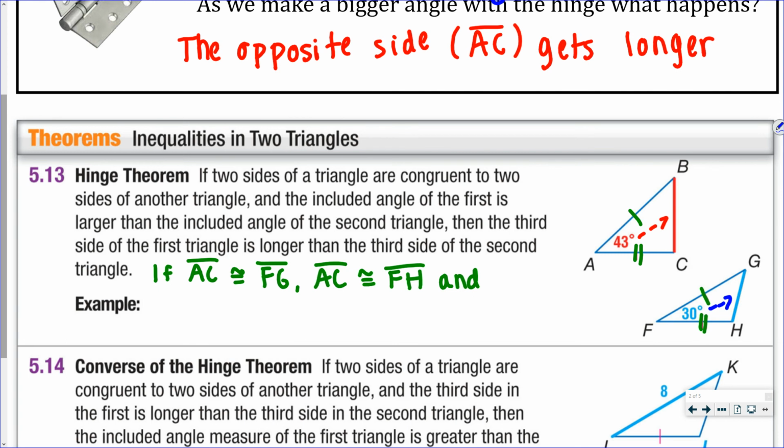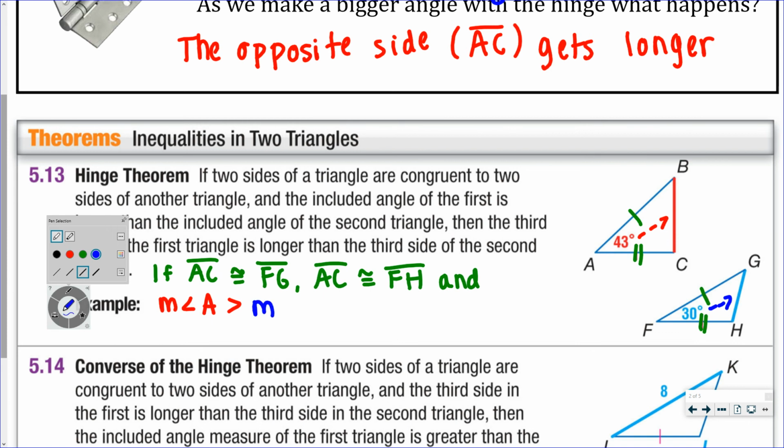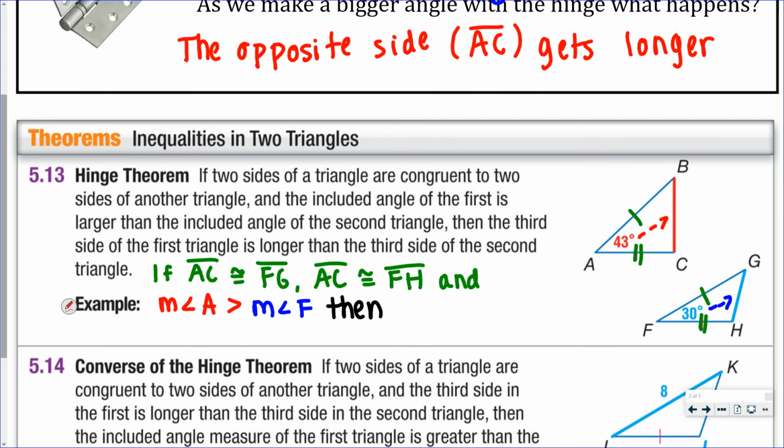So as long as you have the two congruent sides and the measure of, in this case, angle A is larger than the measure of angle F, then the hinge theorem allows us to conclude that the side across from the larger angle, which in my picture over there is BC, is going to be longer or larger than the side across from the smaller angle, which in that case was GH. Okay, make sense? That's the hinge theorem. Not too hard.